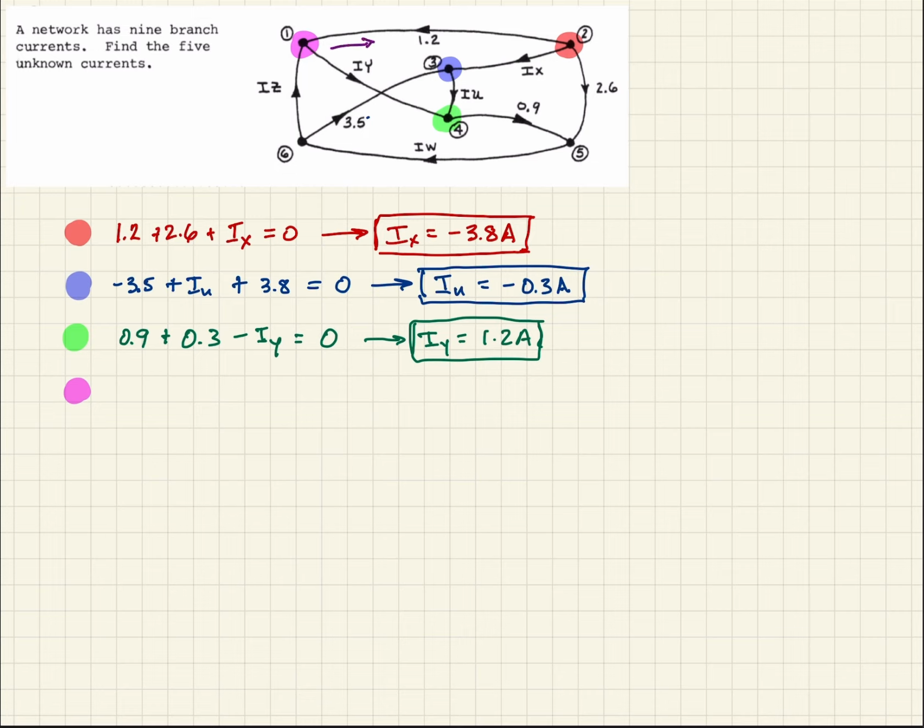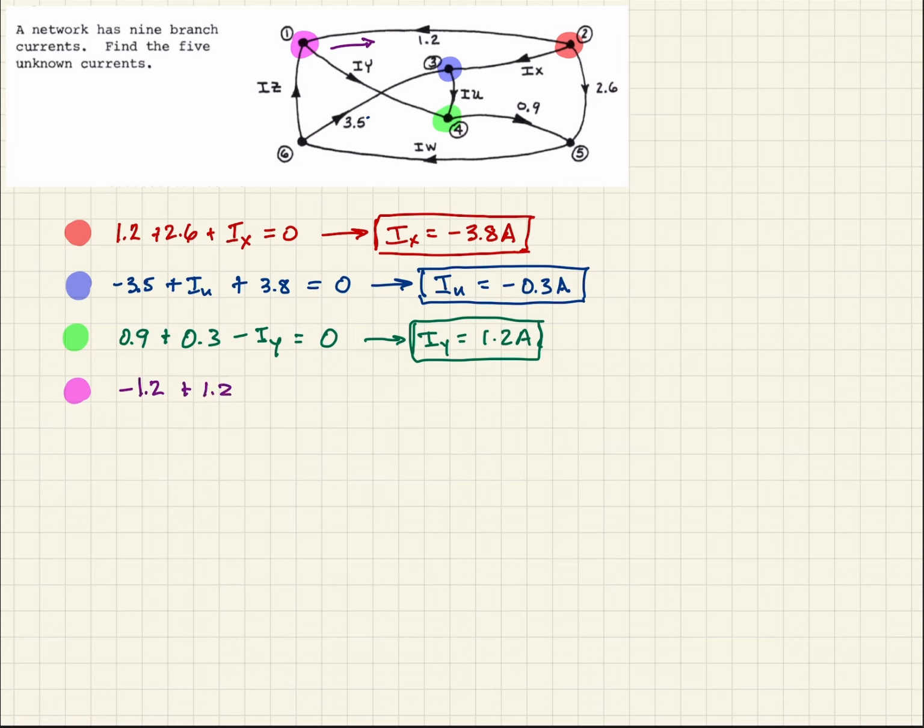If we look on this branch here, there are 3 branches going in and out of this node. We have 1.2, but it's going into the node. We said that was defined as negative, so we'll say negative 1.2. And then we have our IY, which we just solved for, and it's leaving, and that's correct, so we'll say 1.2 on that one.